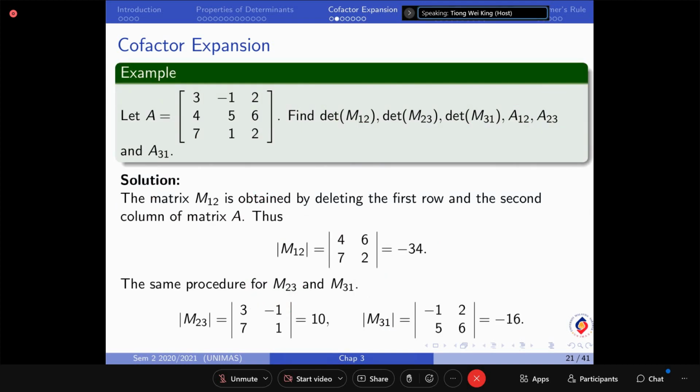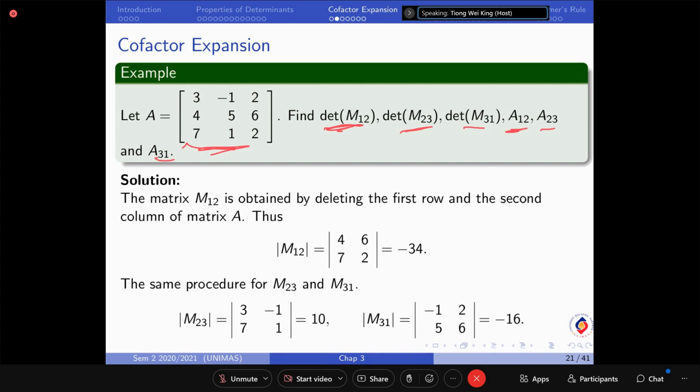Now, example here, let A be this matrix. Find the minors M12, M23, M31, and then the cofactors A12, A23, and A31. Okay.